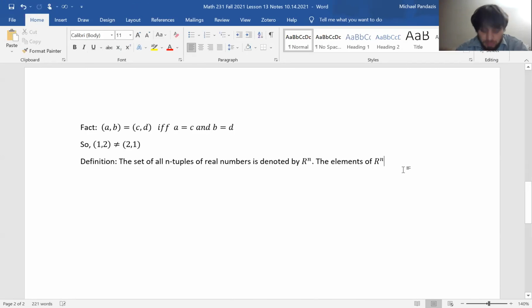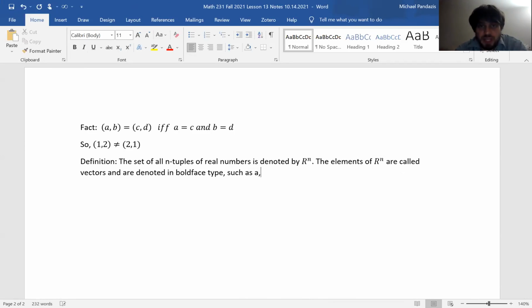Okay, the elements of Rn are called vectors and are denoted in boldface type, such as a, b, v, w, and x.